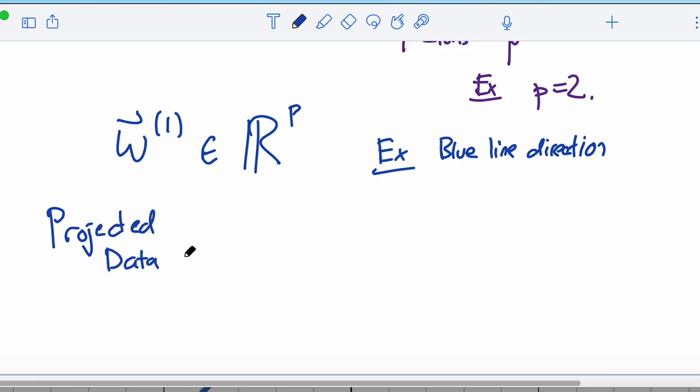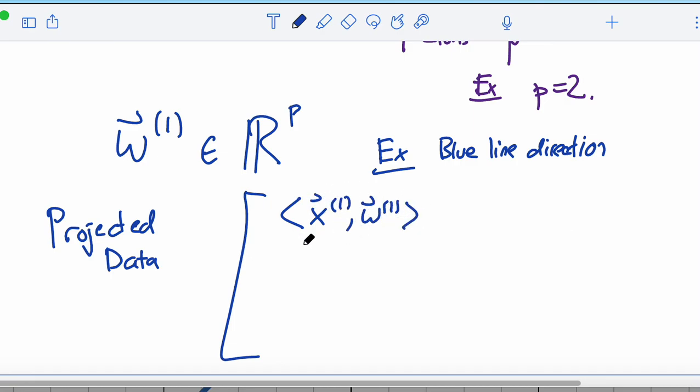Originally the data was in the matrix X. So we're going to do x1 with w1, and these are vectors, so we're doing a vector inner product. I'm using this notation of curly angle brackets for an inner product.